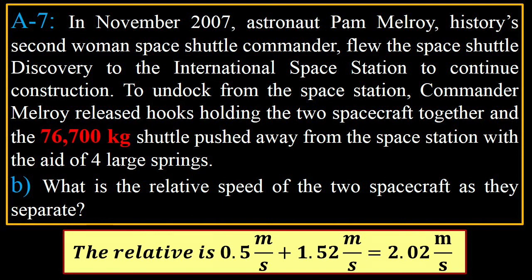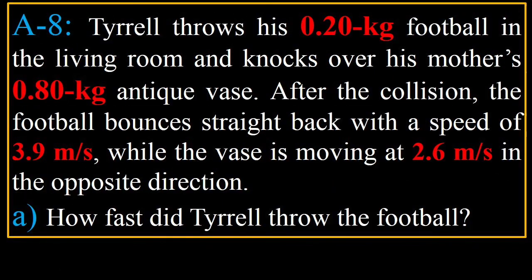If you look in the rearview mirror after it passes you, it's going very fast indeed, and it's coming at you very fast, because the relative speed, 120 one way and 120 the other way, is going to be 240. So this will be 0.5 one way, 1.52 the other way. Relatively speaking, it'll be 2.02 meters per second.